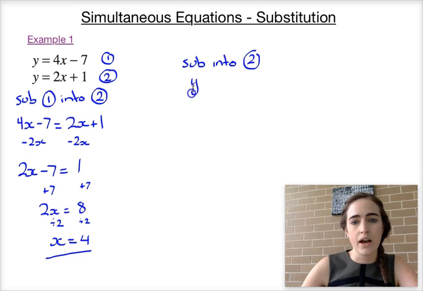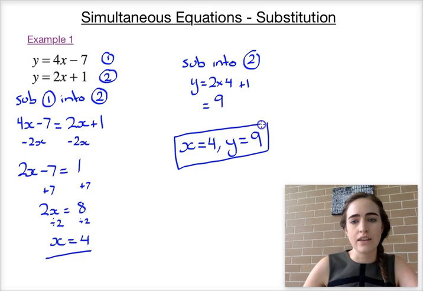So then we'll have y is equal to 2x, but x is 4, so it's going to be 2 times 4 plus 1, which would give us 8 plus 1 is 9. So the final solution to that simultaneous equation is x equals 4, y equals 9. And it's always a good idea right at the end to go back and substitute those values into both of the equations and check that it works.